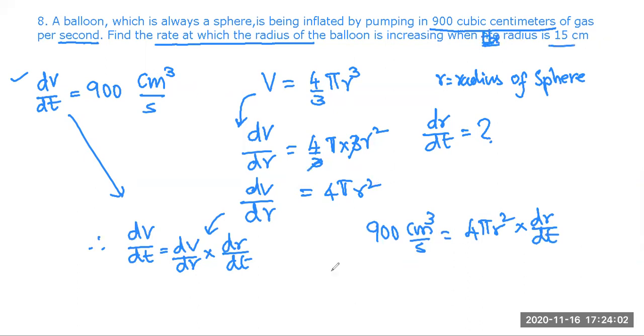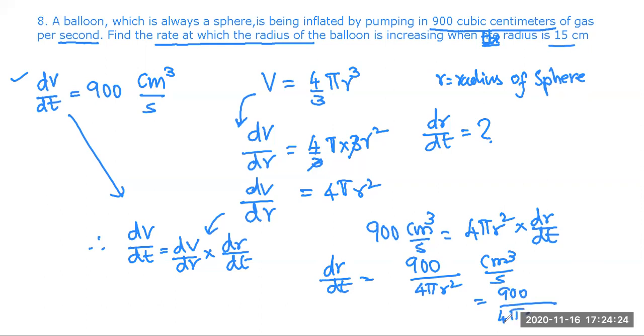So first get dr by dt as the subject, equal to 900 divided by 4 pi r square centimeter cube per second. Now we need to get dr by dt at 15 centimeters. So 900 divided by 4 pi into 225 centimeters square. So this centimeter square will cancel out.